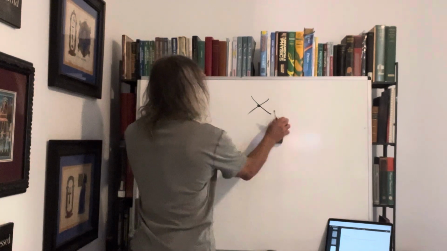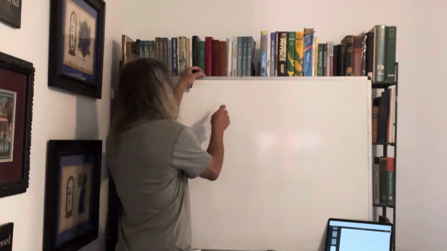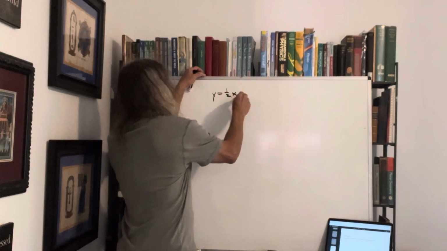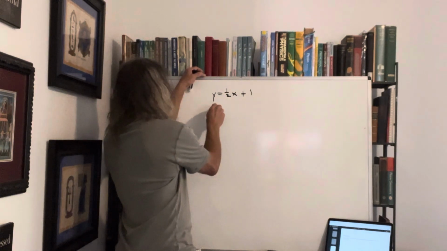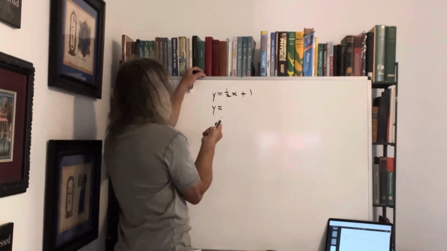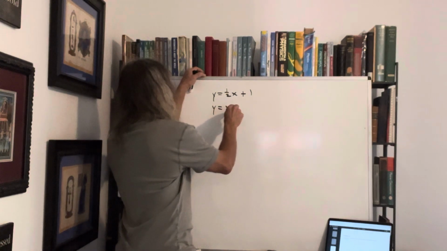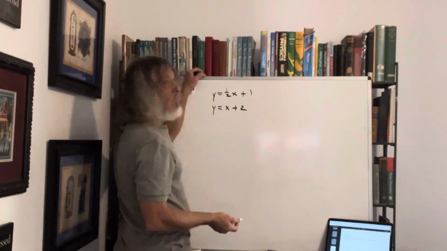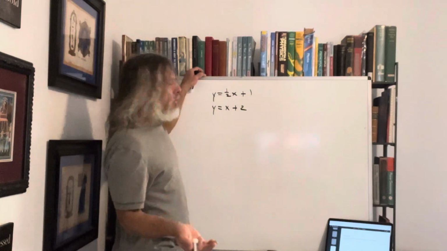So, for example, we've already done some, but if you got like y is 1/2 x plus 1, and y equals x plus 2, if I graph these, the slopes are different, so there'll be one solution.